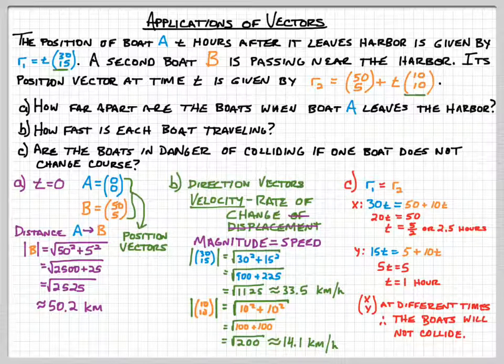Now, if those times were exactly the same, if they were both 2.5 or both 1, then it would take the same amount of time to get to that one spot on the x and the y, for both boats to get there at the same time, and then they would crash. But since the times are different, we know that they're not going to collide.